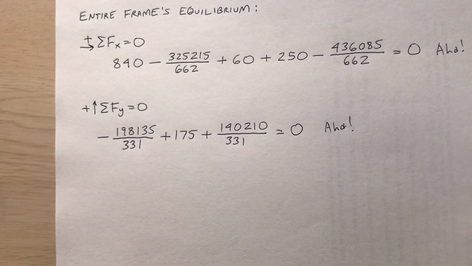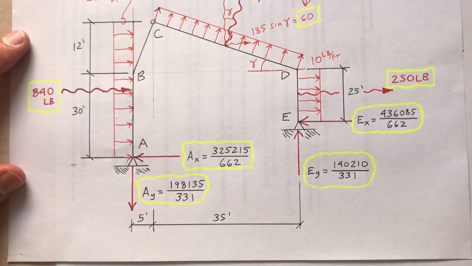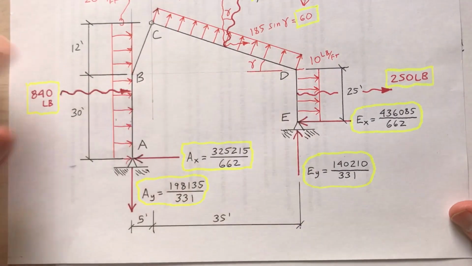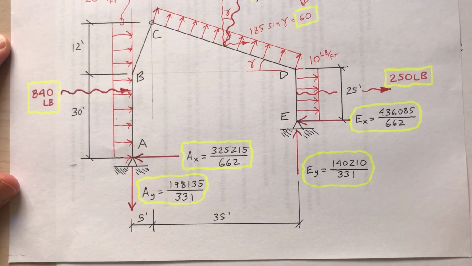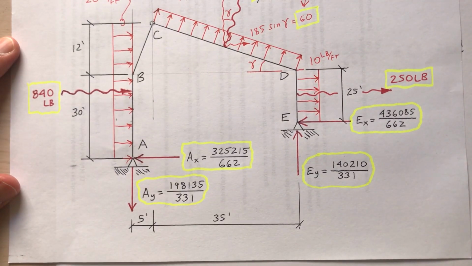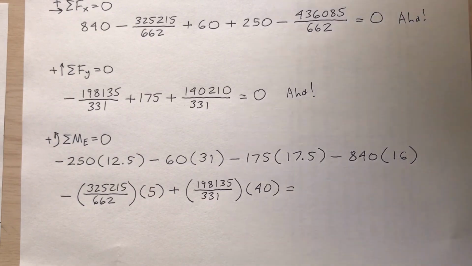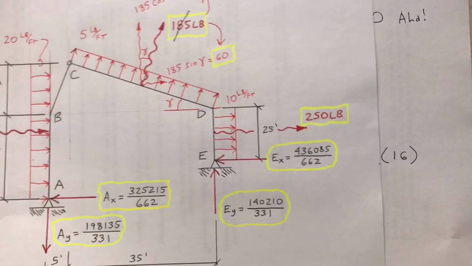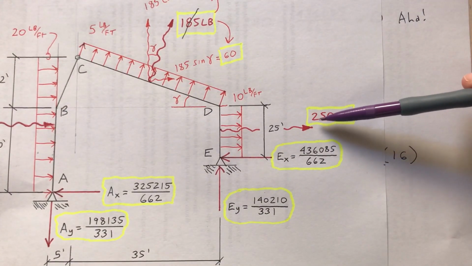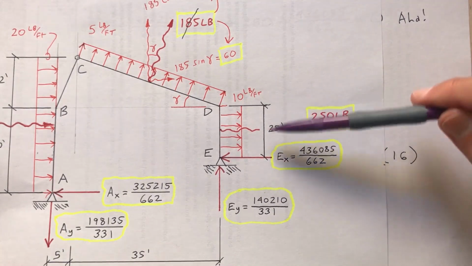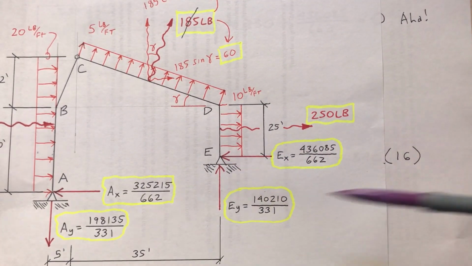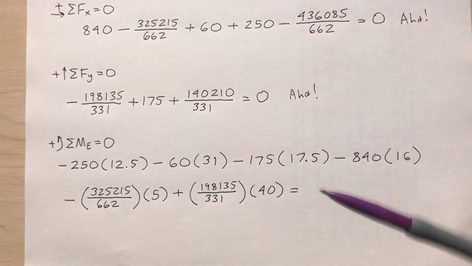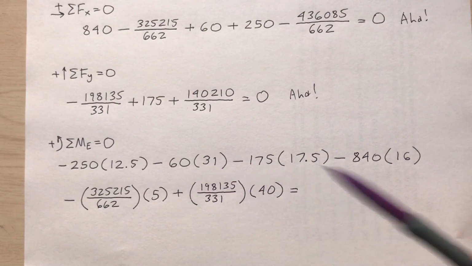And then one more thing I promised: the sum of the moments about point E. I'll see if that turns out to be 0 as well. The sum of the moments about point E is equal to 0. Negative 250 times 12.5, what is that? This is the 250. The moment arm is 12.5, that's half of 25. Remember, it's moment about point E. Minus 60 times 31.